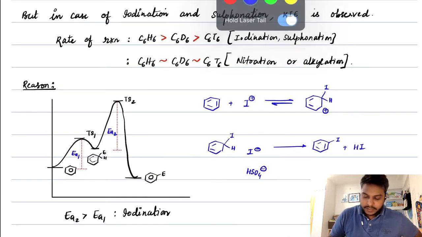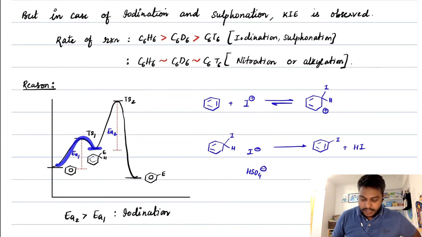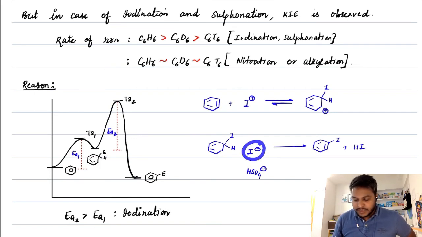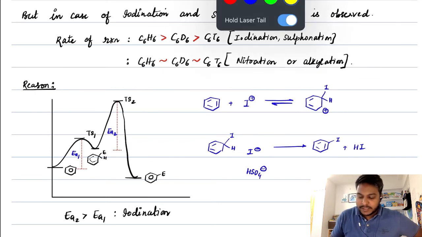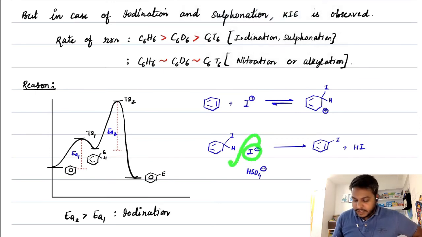So you can see the reason here. The first reaction which is happening, although it is losing the aromaticity, has sufficient activation energy, but the second reaction's is pretty much higher here. The reason being, to remove the proton by I minus or HSO4 minus, they are pretty weak bases. Because they are very weak bases, it is difficult to extract the proton from this benzene.